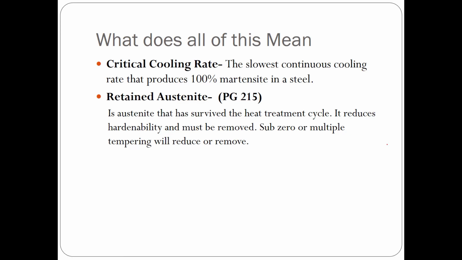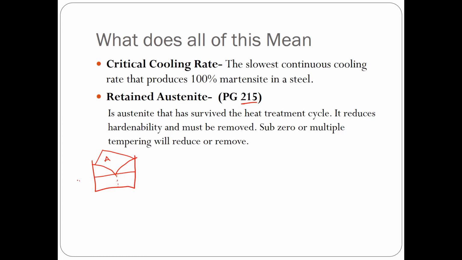Retained austenite, which is on page 215, is austenite that has survived the heat treatment cycle, and it did not kick over. Now, we've said that on our iron carbon phase diagram, we have our 1333, we have our upper critical temperatures, we have our austenite zone, which is up here, we have 0.8 here.